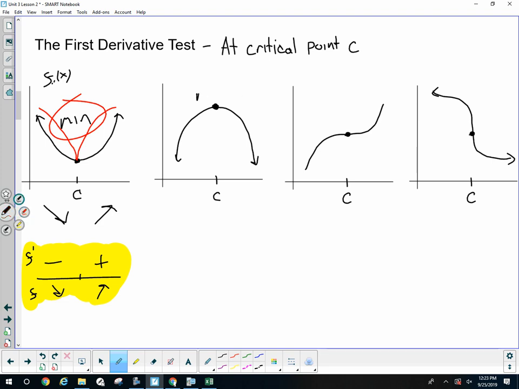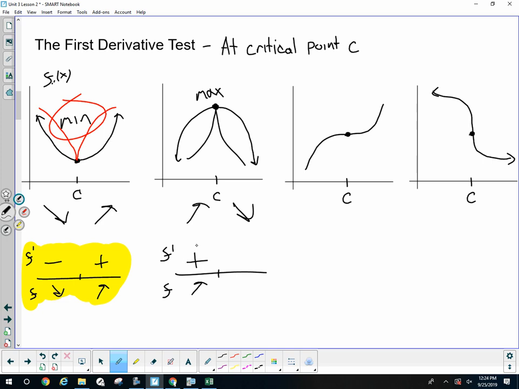For maxes, we see we have a max if we go up then down. And maybe we flatten out or we end up with a sharp point. Doesn't matter. Well, if we know the signs of a derivative are positive, I know my function is going up.